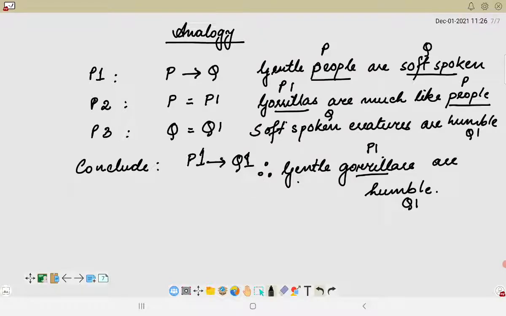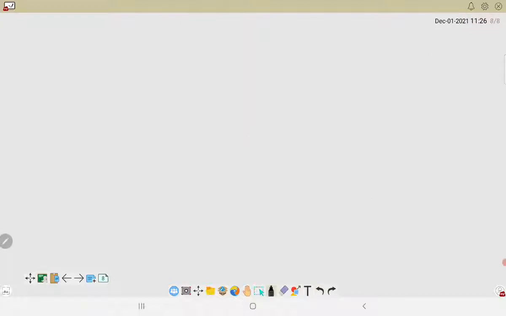Now let us look into one more example, one final example in which we will try to represent a particular scenario in predicate logic or in first order logic. There are certain statements which are given to us. This is a long example, so we have to focus. First of all, we have 8 different sentences.